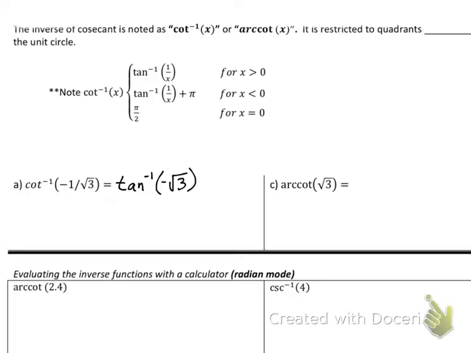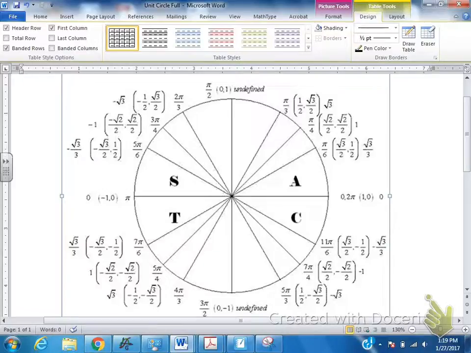Okay, if I want to go find this, tangent inverse of negative square root of 3, I'd look at my unit circle. And I'd say, well, tangent inverse needs to be over here. So if I have negative square root of 3, hey, that's 5 pi over 3. Okay, do we all agree it's 5 pi over 3?